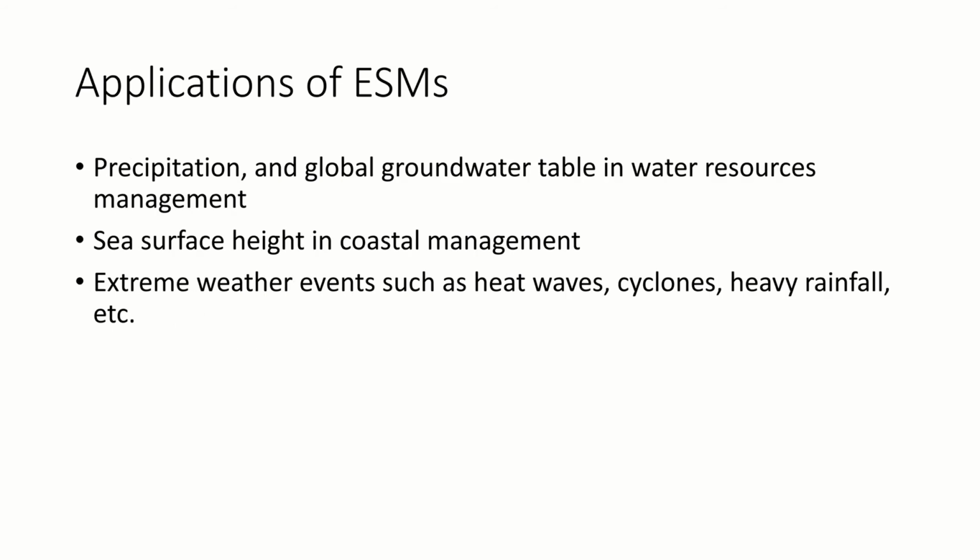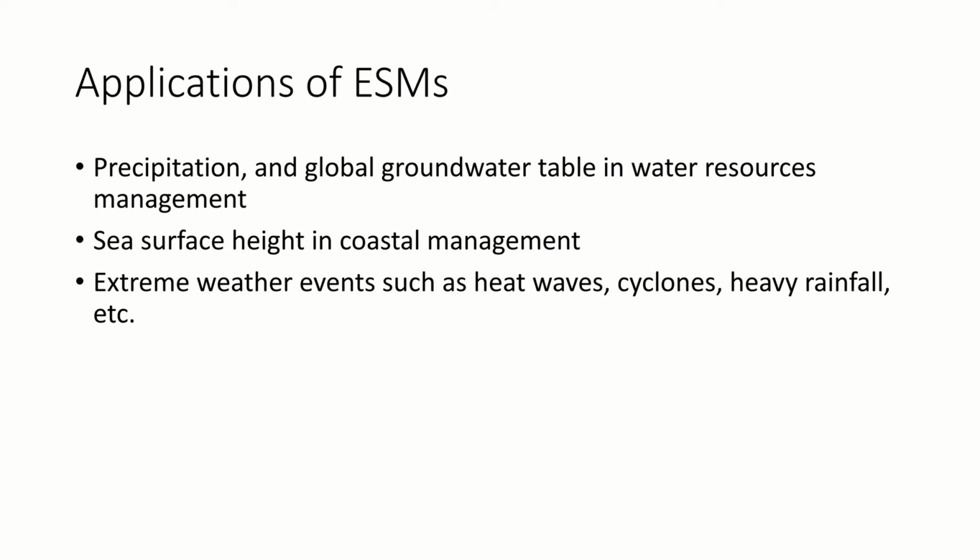Okay, so Earth system models, or climate models, which are a special class of Earth system model, have been widely used in water resources management. For example, these models can simulate precipitation, which is one of the most important factors for water resources management.